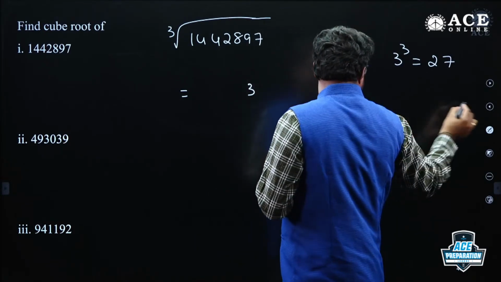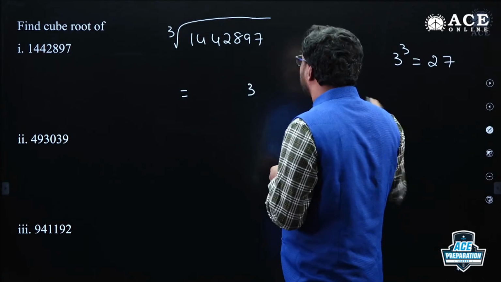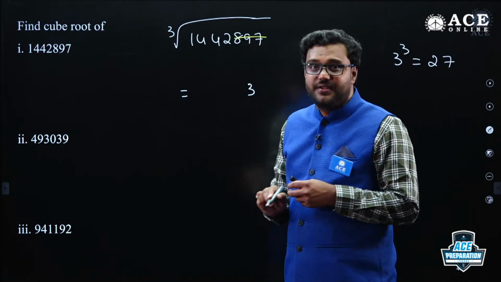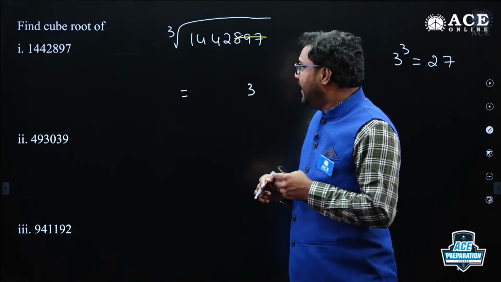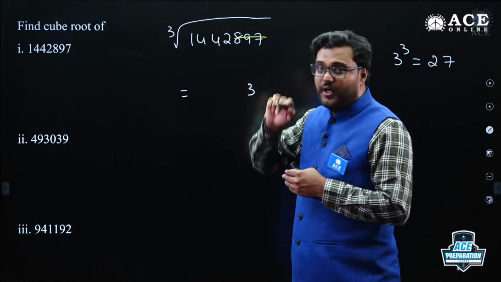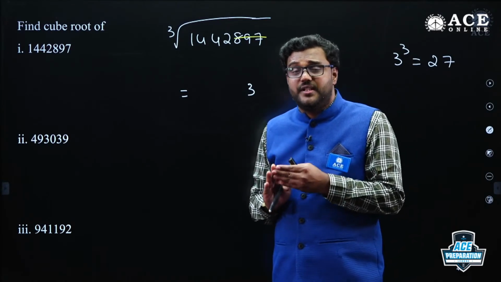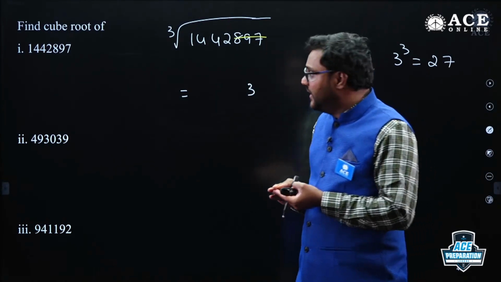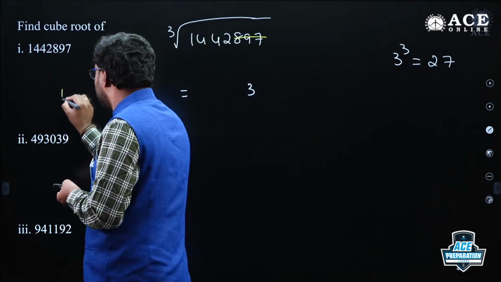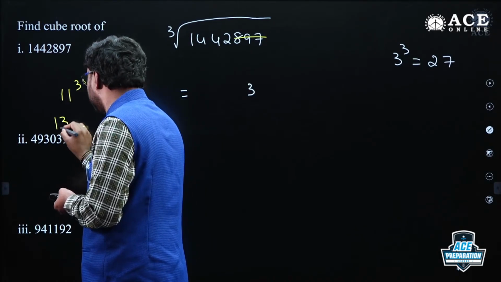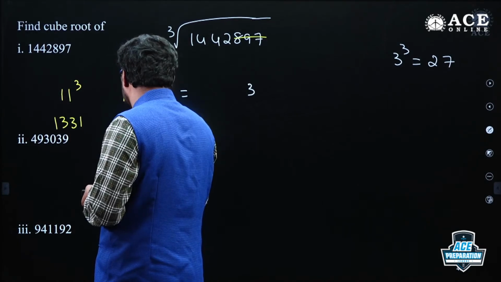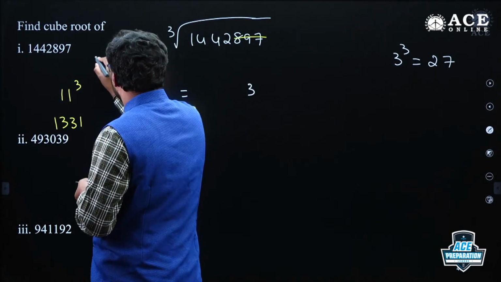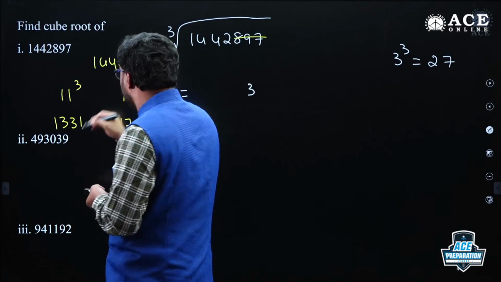Now once I decide ending with 3, I can remove 3 digits internally. As it is cube root, we can remove 3 digits. Now we have 1,442. 1,442 is between which cubes we have to decide. 11 cube is 1,331. 12 cube is 1,728. This 1,442 is between these two.